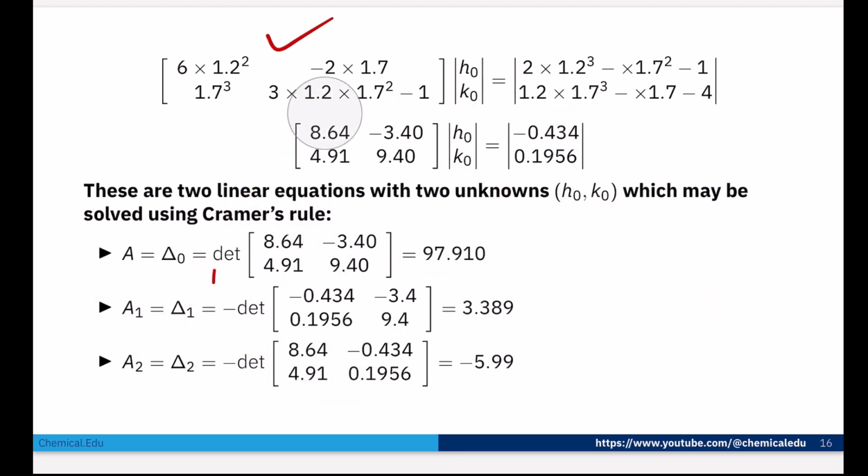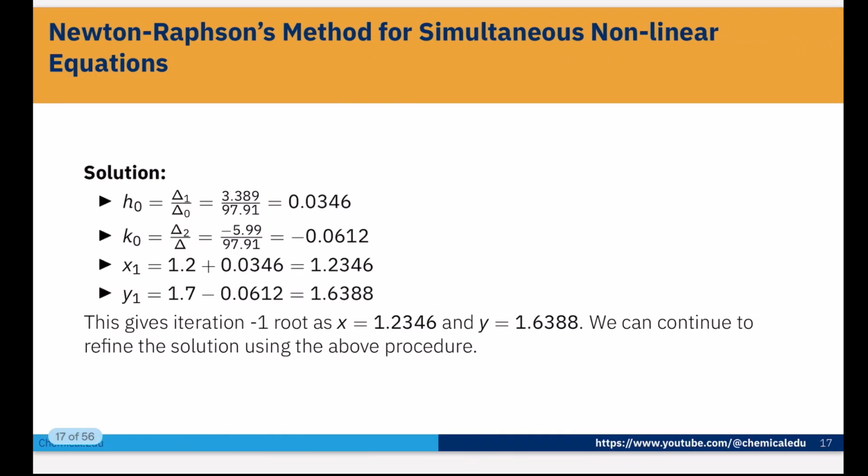After doing the calculation, we got that the determinant of this matrix is -5.99. After getting the determinants, we can easily calculate h0 and k0. So h0 is del 1 by del 0, which is 0.0346, and k0 is del 2 by del 0, which is about -0.612. After that we get x1 and y1.